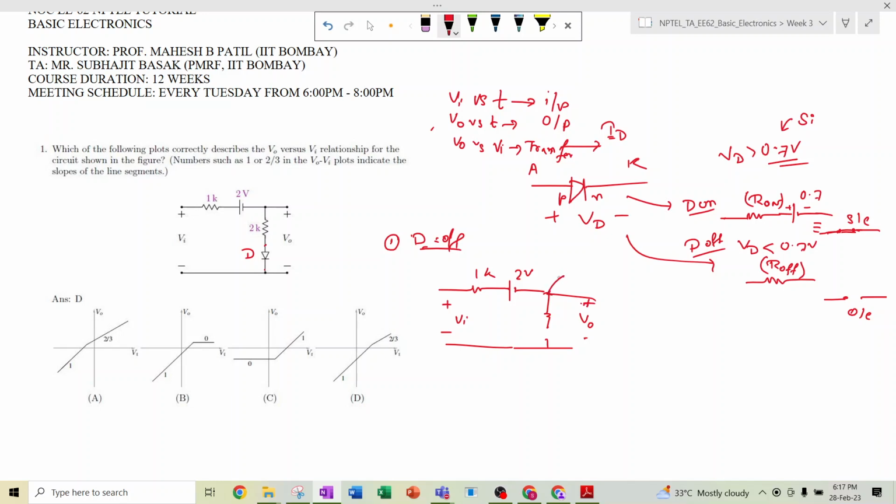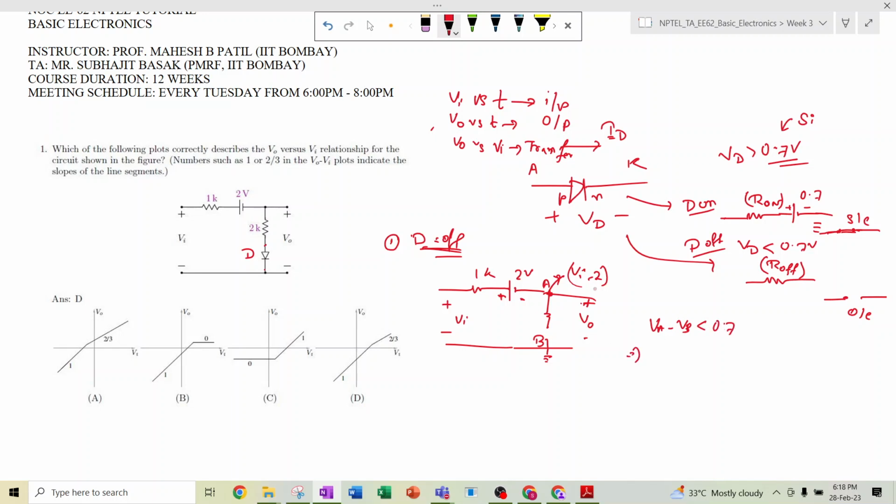Now here the voltage appears as Vi, this terminal is the positive terminal and this terminal is the negative terminal. So at this terminal, node A, the voltage is Vi minus 2. So this is the anode voltage, right? And on the cathode side, this is ground basically. The diode will be off if we call this terminal node A and this terminal node B, when VA minus VB is less than 0.7 volt.